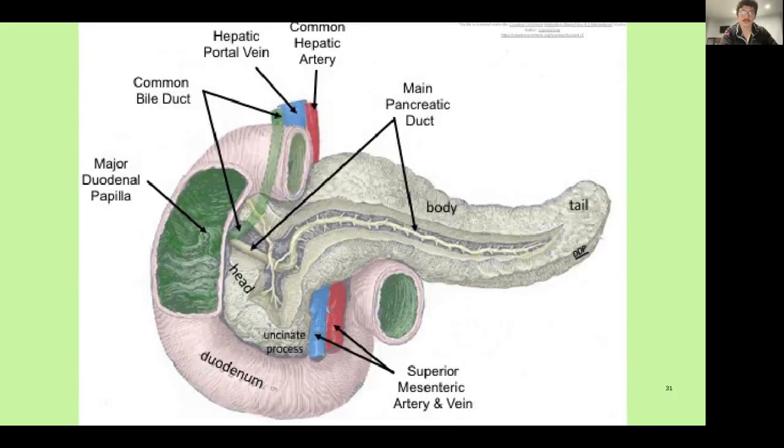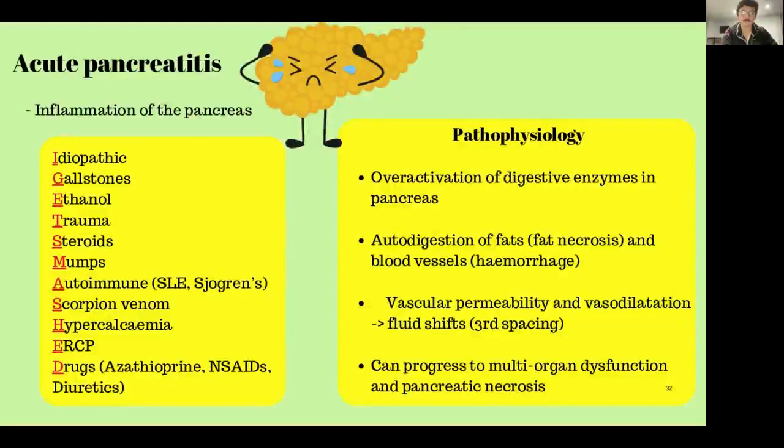And behind it you can see the portal triad, and behind the pancreas you'll also have the aorta and the IVC as well. So a little bit of anatomy.